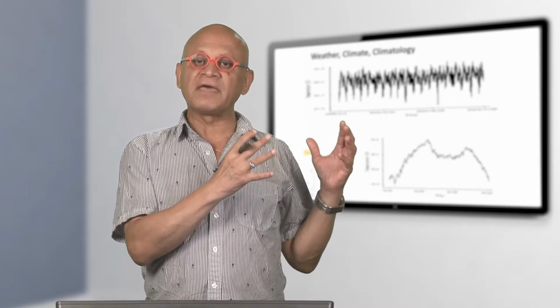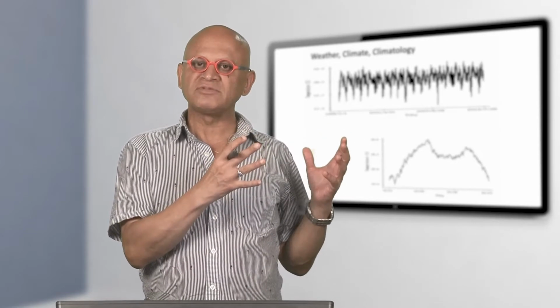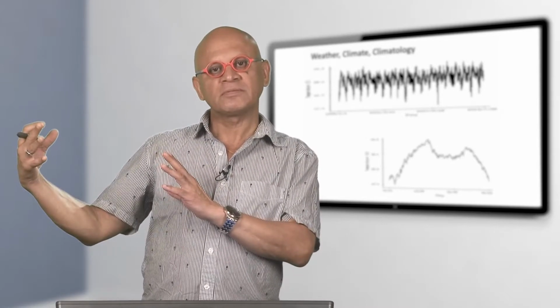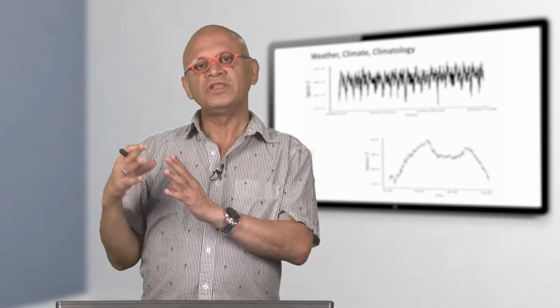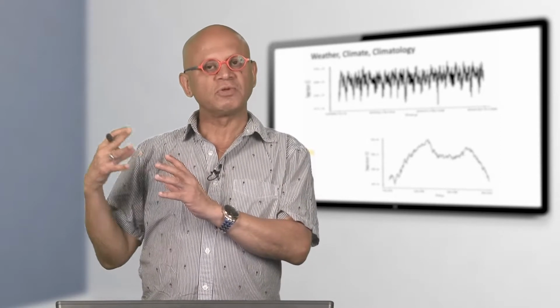What are the kinds of evidences we collect for the past climate changes? What are those time scales, and so on? And if we want to project into the future, how can we do that? We need to build numerical models called climate models, which we will discuss.